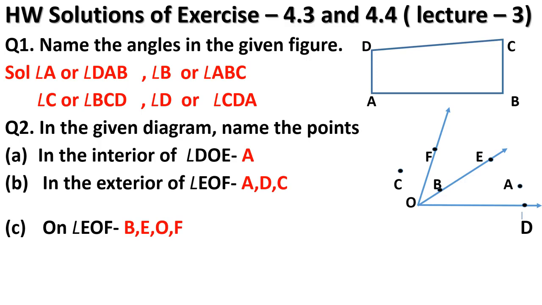Don't take the complete angle, only take DOE. So we can say that point A is in the interior. In the exterior of EOF, it is A, C and D. And on EOF, points B, E, O and F.